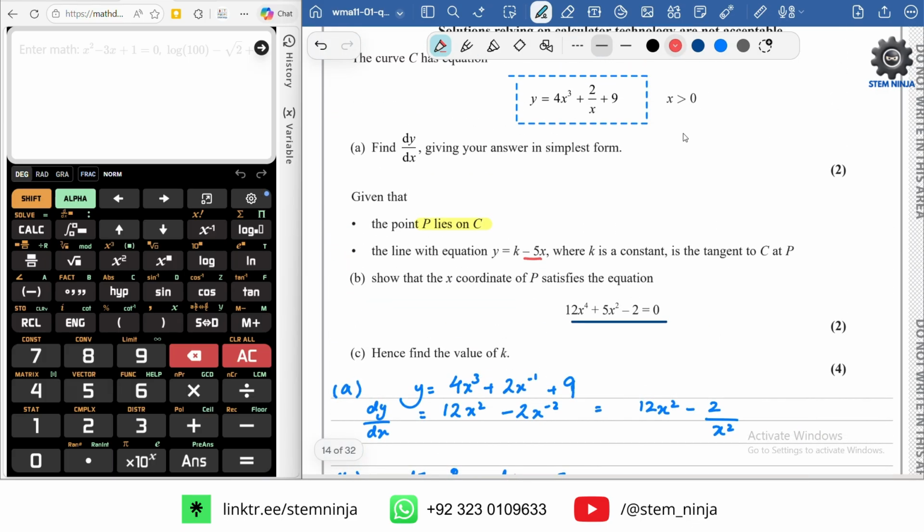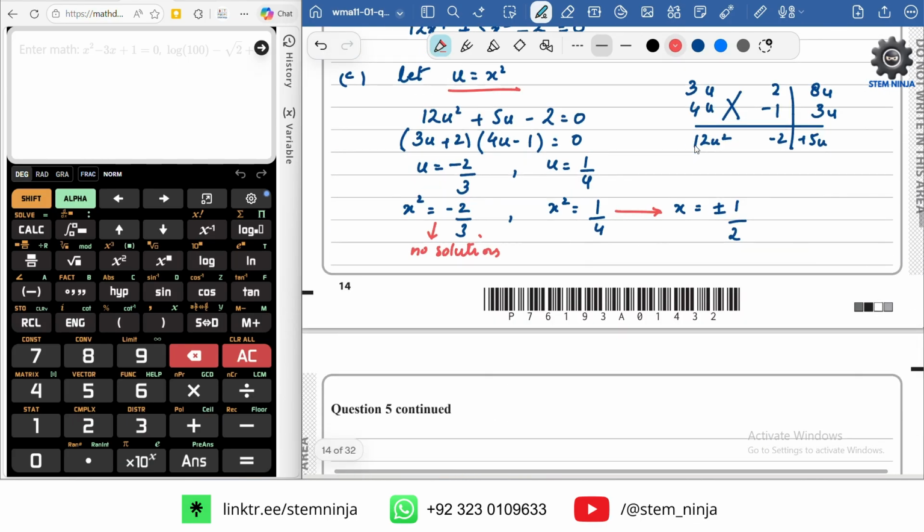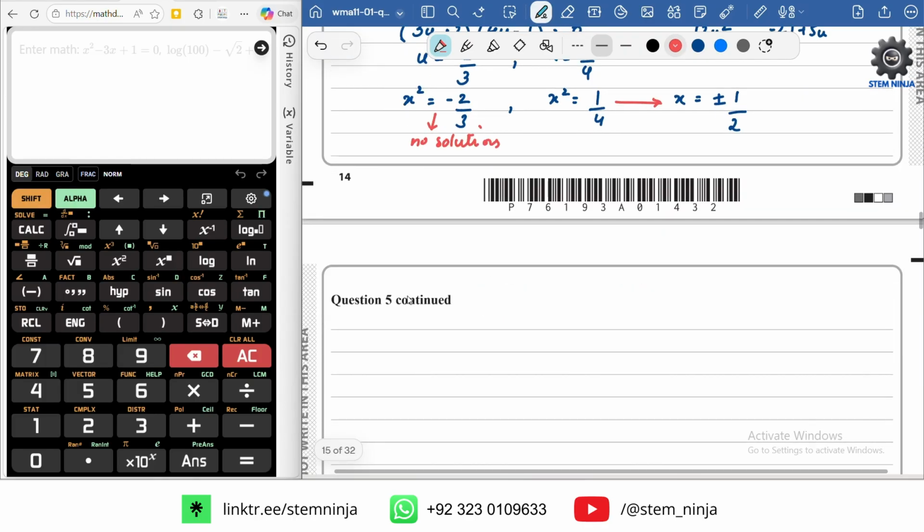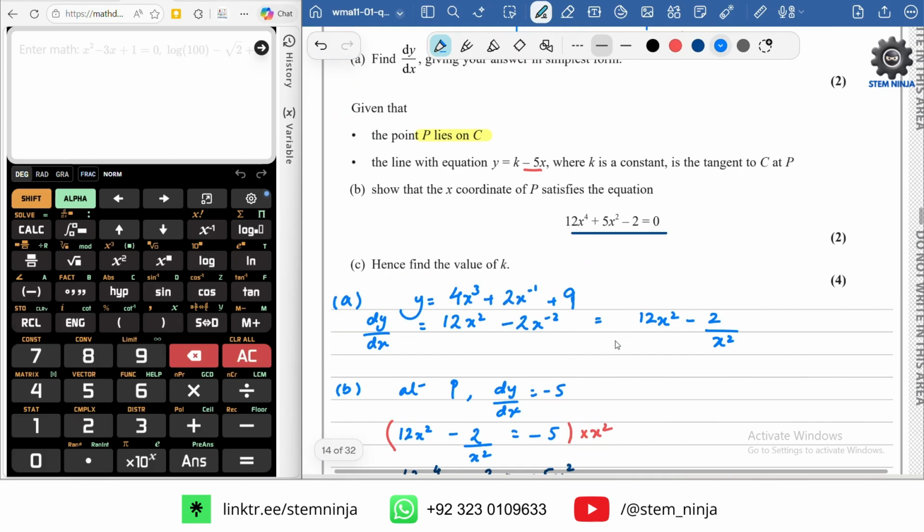Yes, they specify that x is greater than 0. So since x is greater than 0, x is equal to 1 over 2.